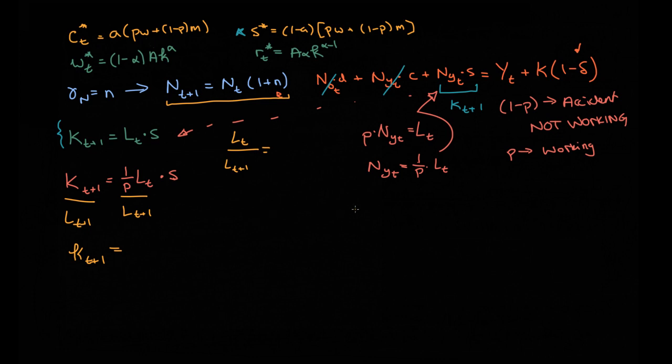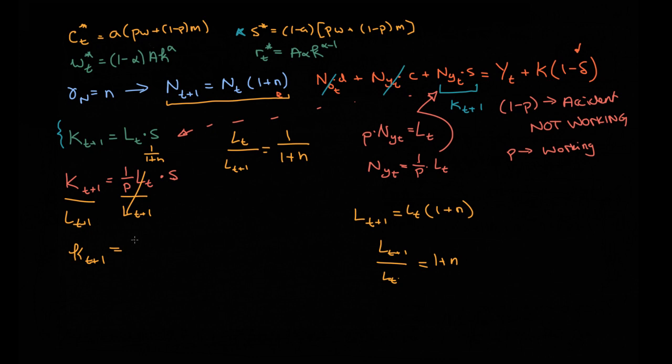We could say that L_{t+1} equals L_t times (1+n). And dividing, we find that L_{t+1} divided by L_t is equal to 1+n. But we don't want to know this, we want to know this. It's the other way around. So we need to flip the fraction. So we'll find it's 1 over 1+n. And that lets us simplify this. This is just going to be 1 over 1+n.